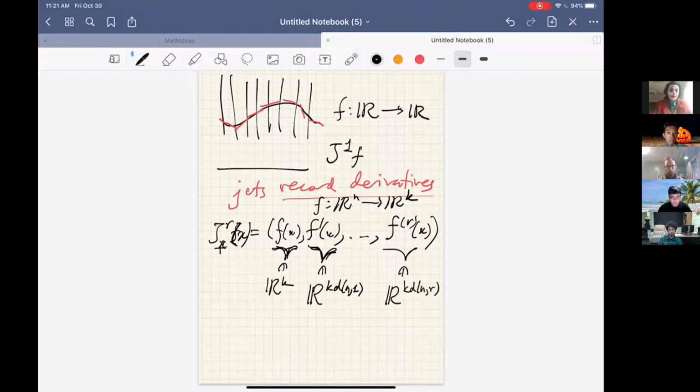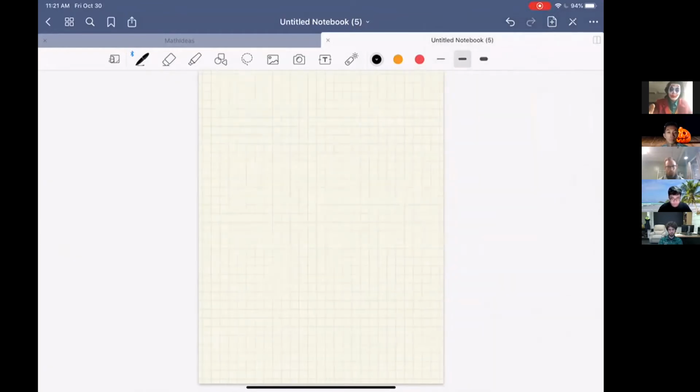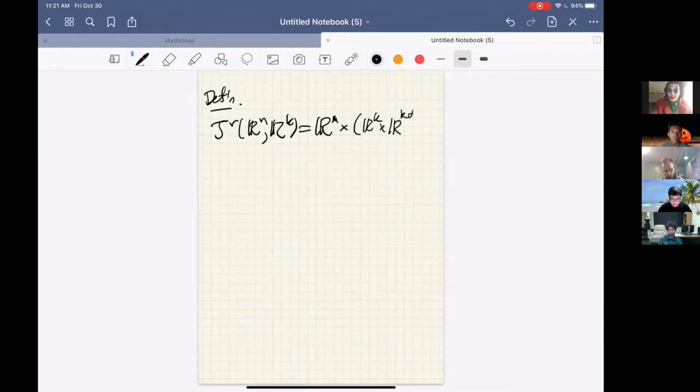Okay. So let's come to the next big definition. The space, I'm going to write J^r(R^n, R^k). This is R^n cross R^k cross R^(k·d(n,1)), and so on up to R^(k·d(n,r)).